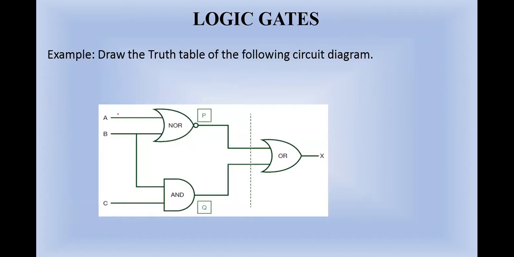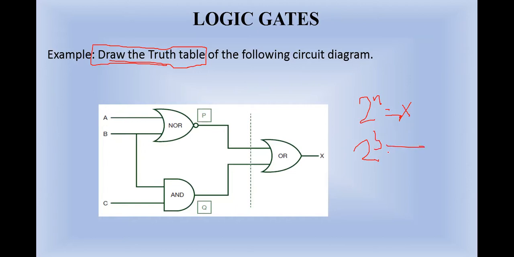So the first thing that we have, they are saying that draw a truth table. You pay attention to this, otherwise you fail the assignment. Draw the truth table of the following circuit diagram. So before you start drawing, the first thing, look at the input. How many inputs are there? 1, 2, 3. Then we even know that 2 to the power n is going to be our number of rows. And in this scenario, it is 2 to the power 3, because we've got 3 inputs.